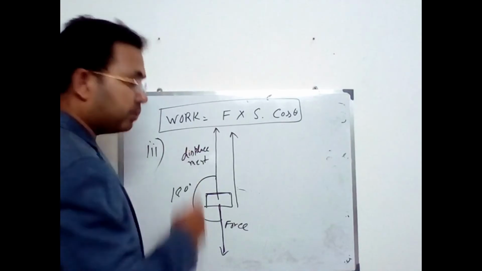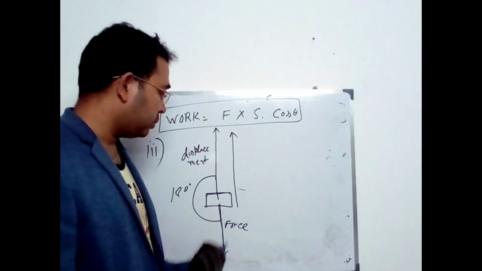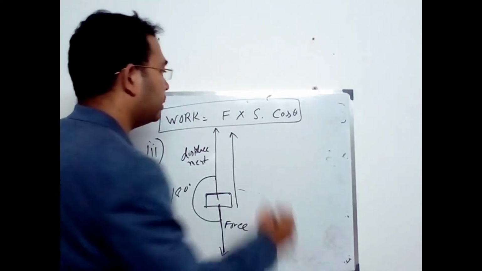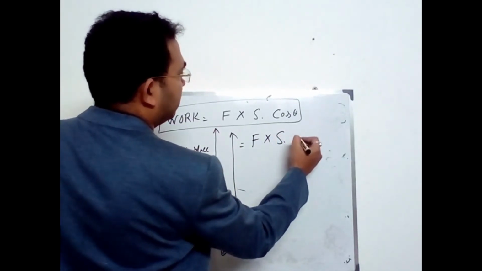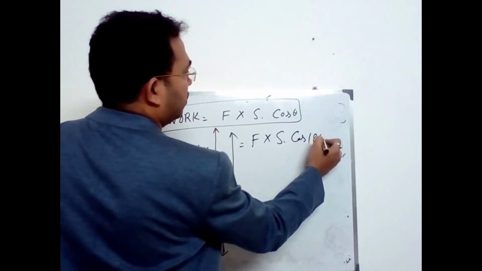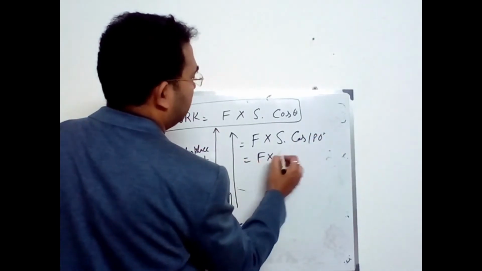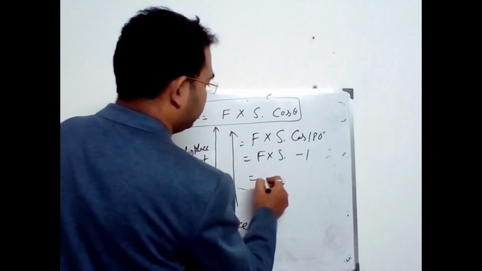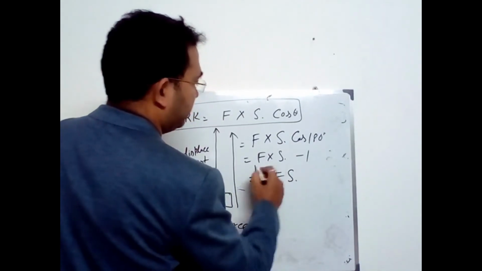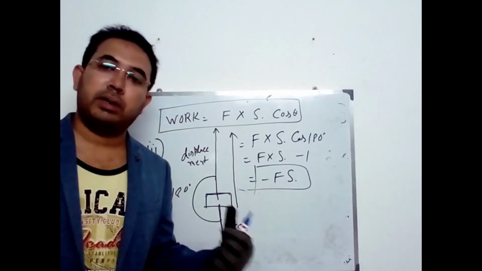The displacement is opposite to the direction of force, so cos theta is 180 degree. Okay, cos 180 degree F into S. Cos 180 degree value হচ্ছে -1, so work done হবে negative. Okay, remember it.